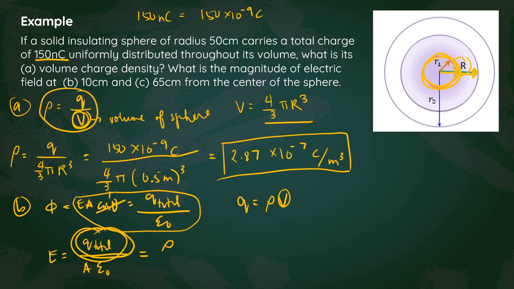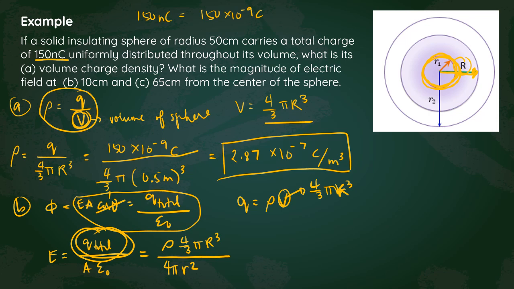And this volume can be replaced with the formula for the volume of the sphere, which is 4/3 pi r cubed, over our formula for the surface area of a sphere, which is 4 pi r squared.